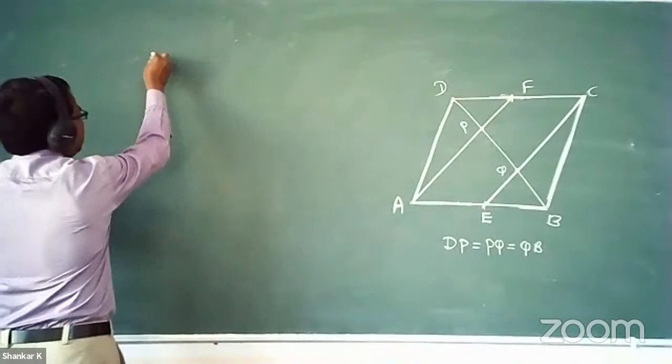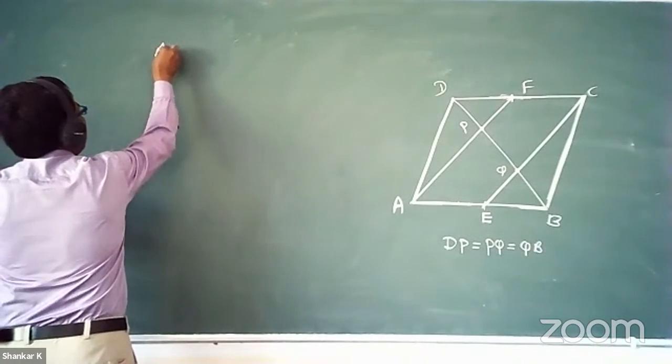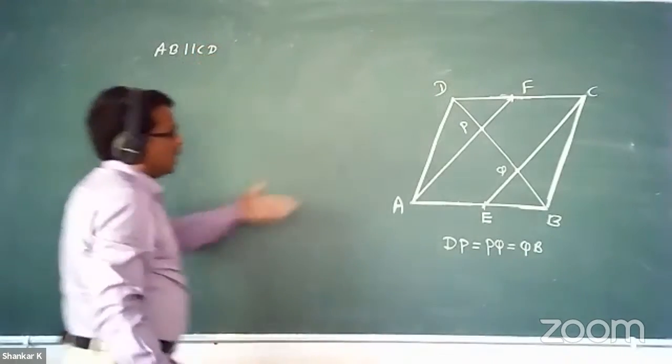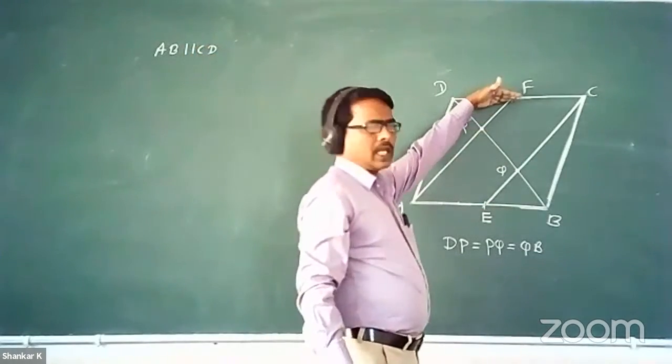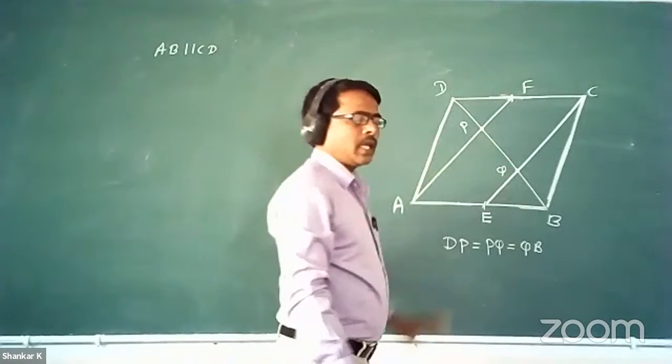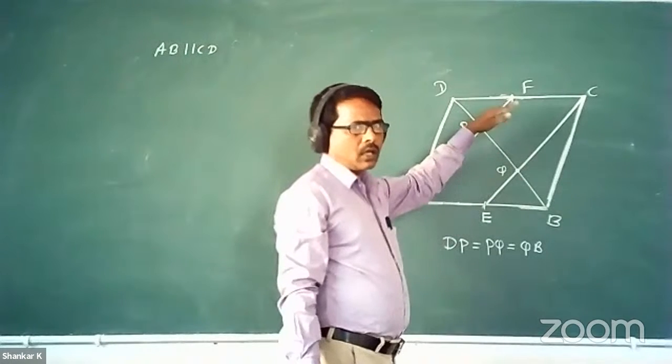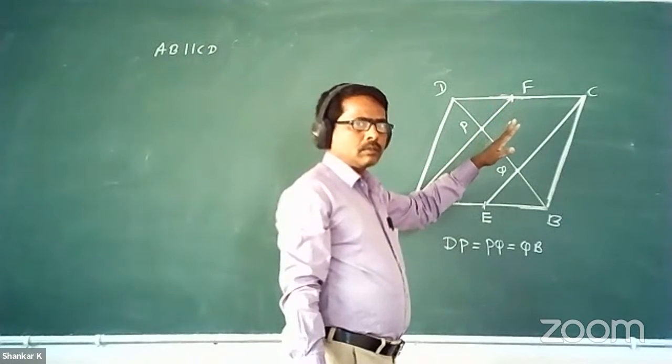In the parallelogram, AB is parallel to CD or not? AB is parallel to CD because opposite sides of a parallelogram are parallel.